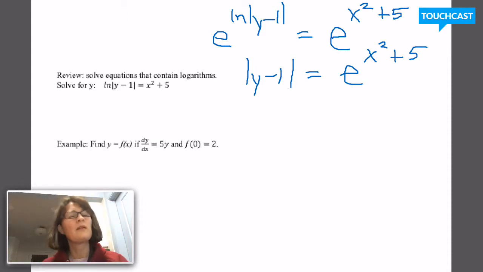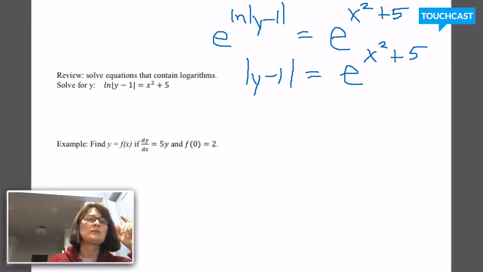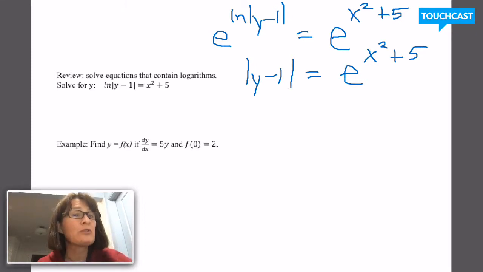So y minus 1, it's either the case that y minus 1 equals e to the x squared plus 5, or y minus 1 equals the opposite of e to the x squared plus 5. So we actually undo absolute value bars with a plus or minus sign. So y minus 1 is equal to the positive or negative e to the x squared plus 5.